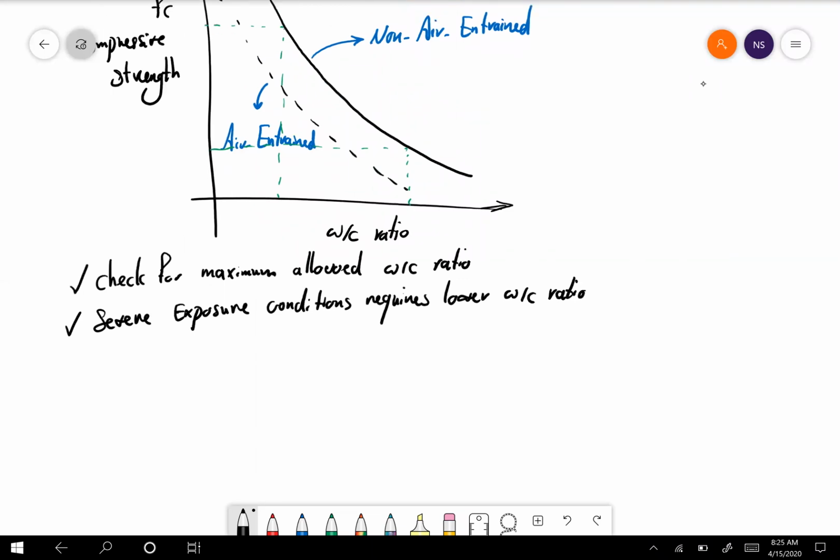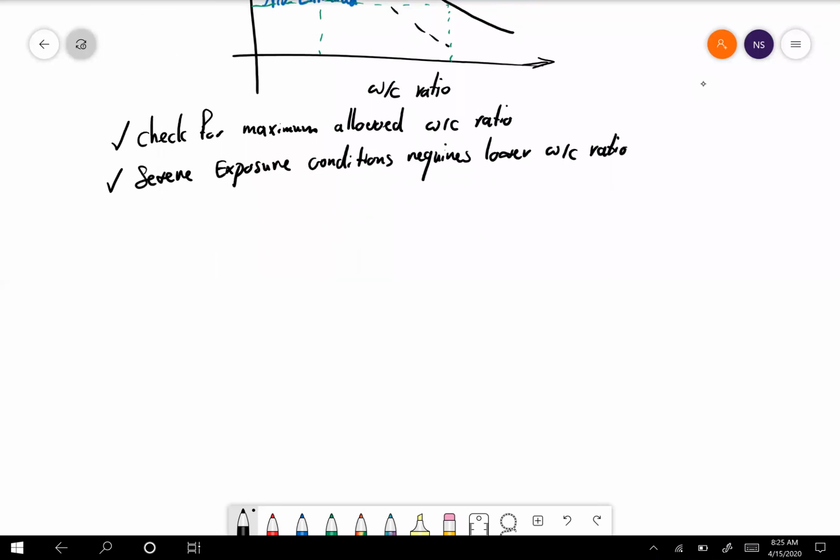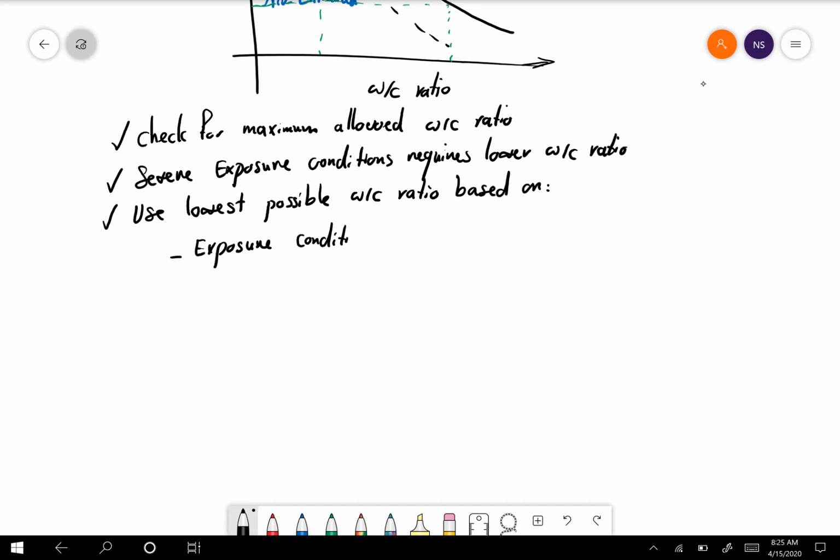So we need to use the lowest possible water to cement ratio based on exposure conditions and also based on sulfate exposure, specifically for sulfate attack, right?